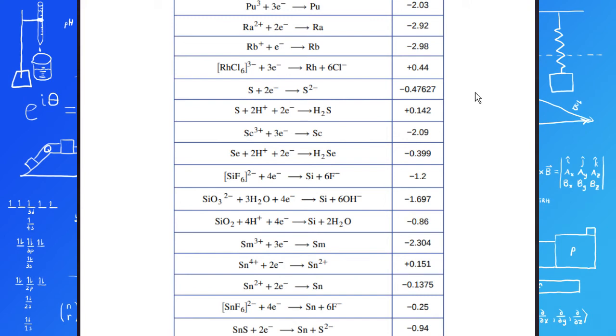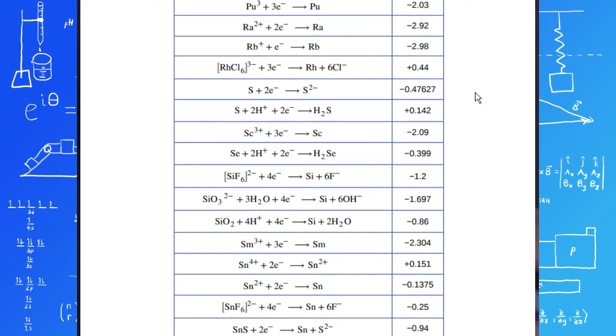So the reduction of sulfur to sulfide, which is exactly what we have, is -0.47627. We probably aren't going to keep all those decimals anyway, but for now, reduction, so E red of sulfur is equal to negative 0.46, or no, 0.47. Great, messed it up already.